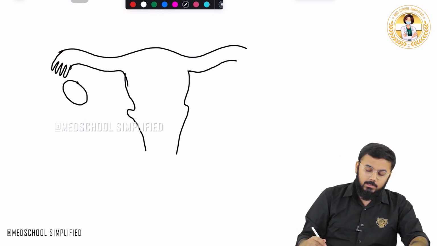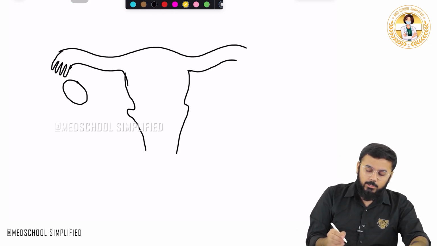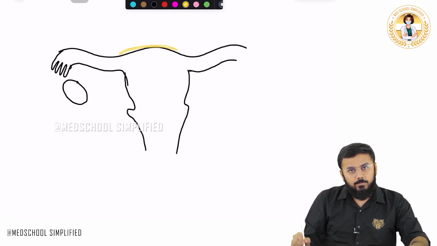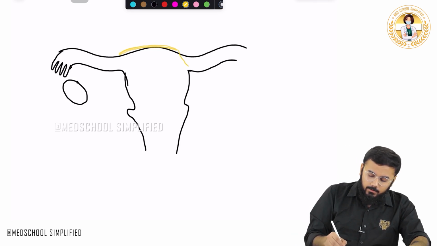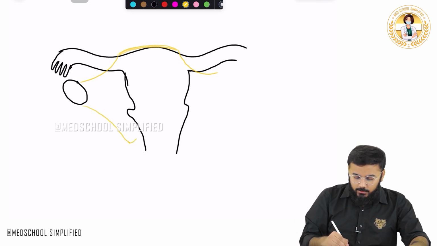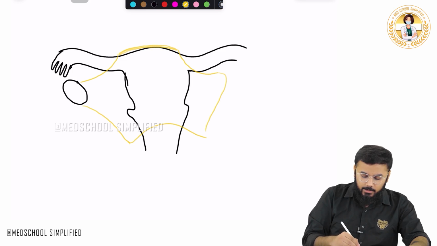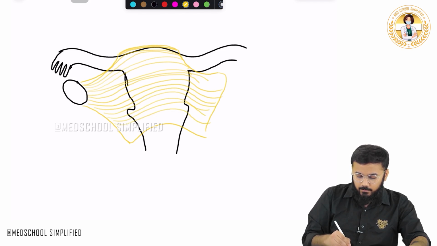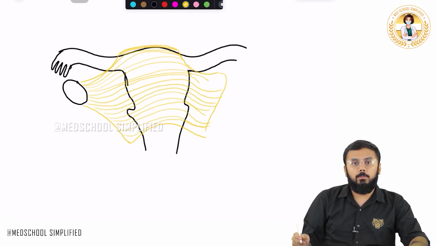Now where is the broad ligament which I told you about? The broad ligament is covering your entire uterus like this, and even covers all the way down here, like a flap. So this entire ligament which I am drawing is your broad ligament of your uterus.